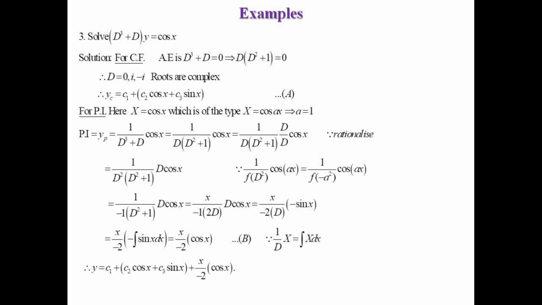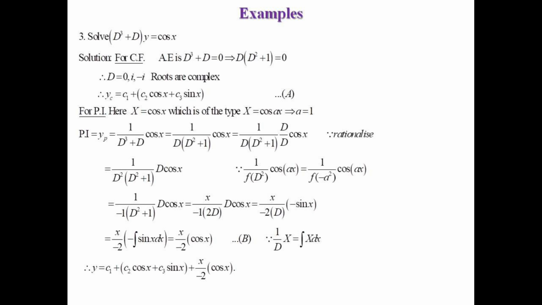In this way we can get the value of the complementary function. Now let's find the value of the particular integral. Whenever we find the value of the particular integral, write the value of the right hand side term. The right hand side term is cos x. So this equation is of the type X equal to cos of ax, then the value of a is 1.